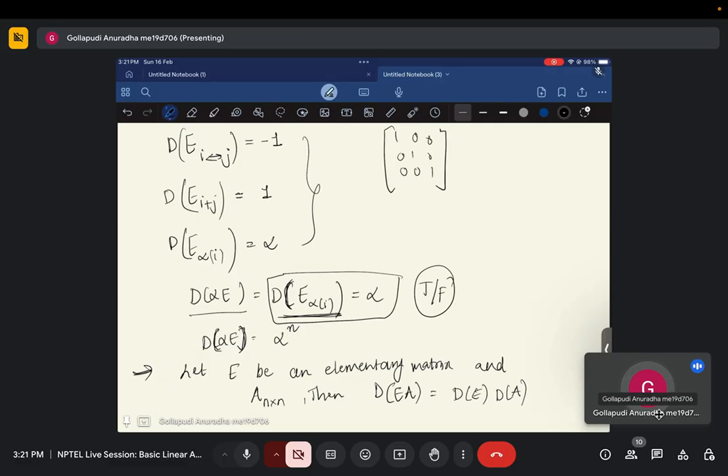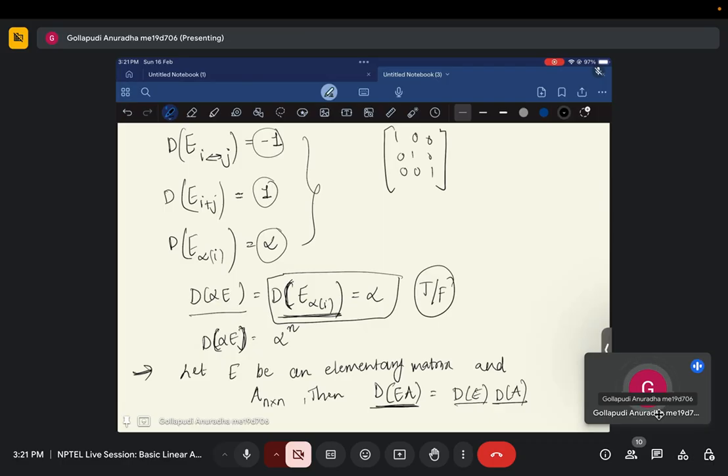We have only three elementary matrices here, so their determinants will be one of these scalar values. So you can easily pull out the value here. So the determinant of E into A will be equal to determinant of E into determinant of A. Do you have any doubt in this?